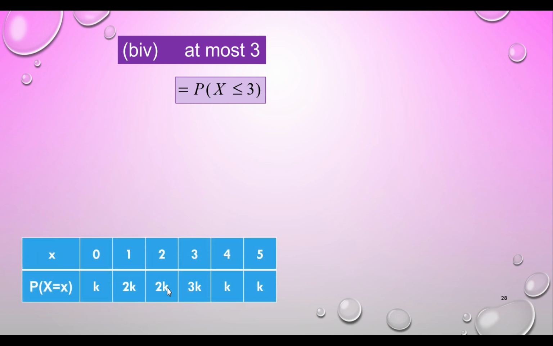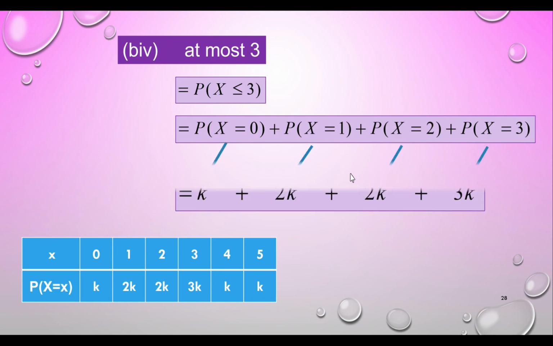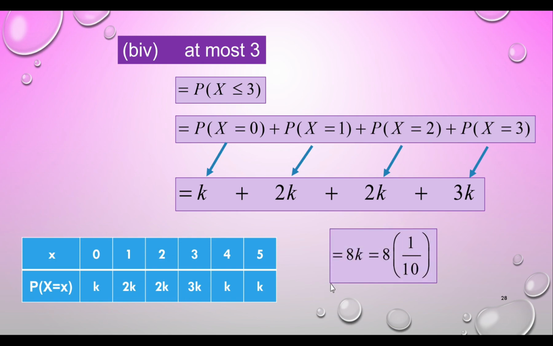Okay, from this table, we know that the probability of x less than or equal 3 is the probability of x equal 0 plus the probability of x equal 1 plus the probability of x equal 2 plus the probability of x equal 3. So we have k plus 2k plus 2k plus 3k, and we get 8k. We substitute k equal 1 over 10 and we simplify. We have the answer 4 over 5.